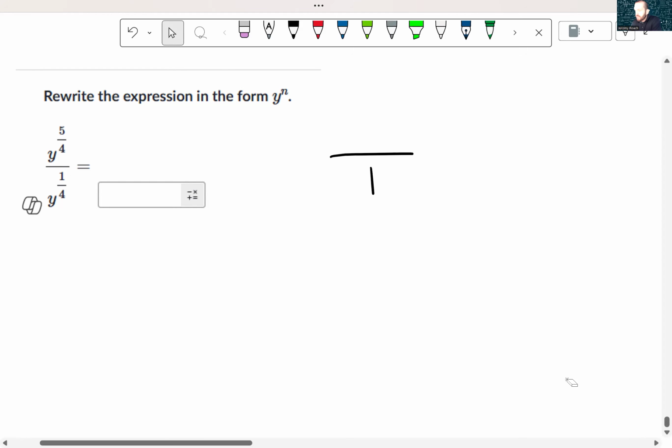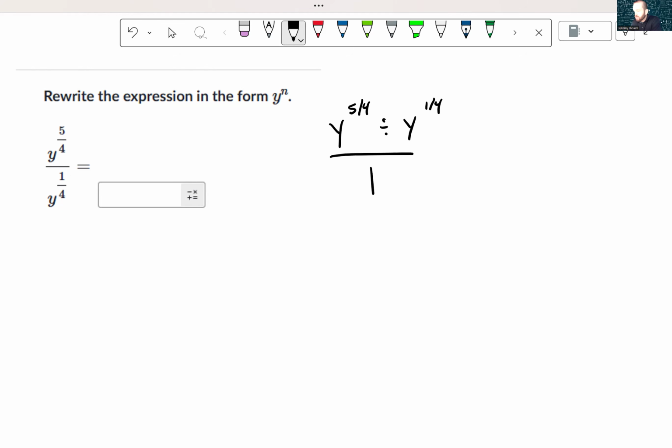And so technically this looks like y to the 5/4 divided by y to the 1/4. And when we divide exponents, we subtract them. If we multiply the exponents' values, then we add the exponents.